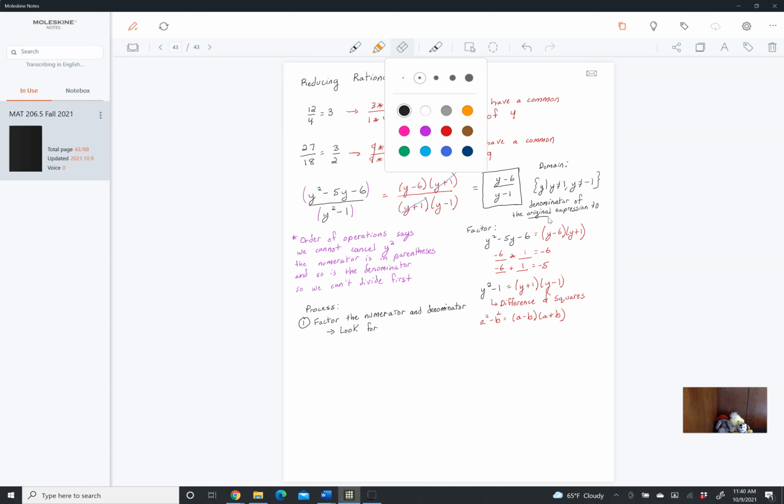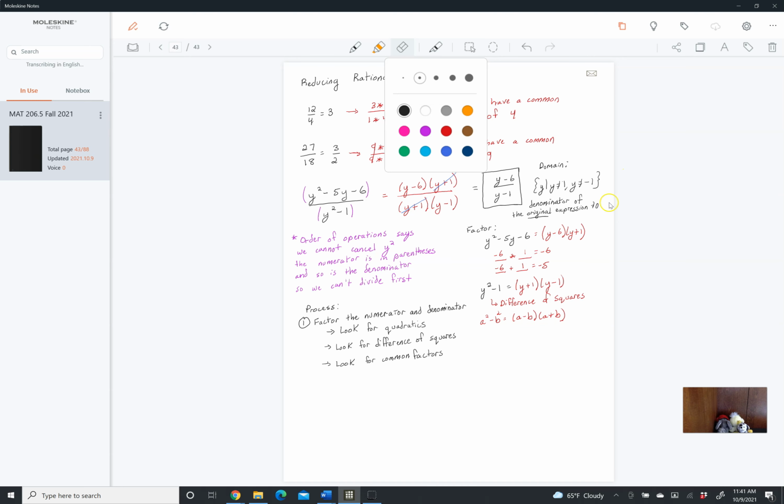You're going to look for quadratics. You're going to look for differences of squares. You're going to look for a common factor in every term. And you'll see examples of this.